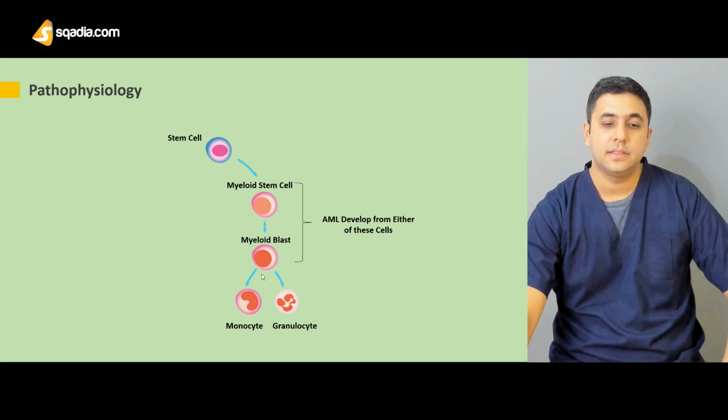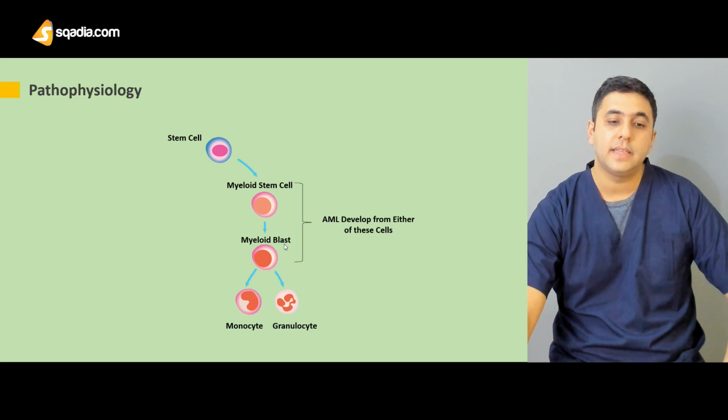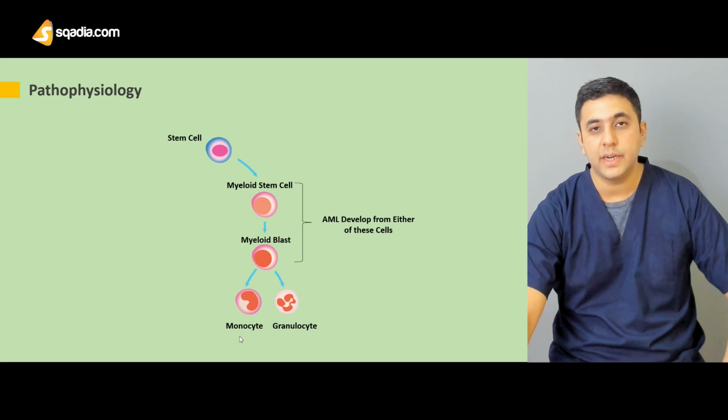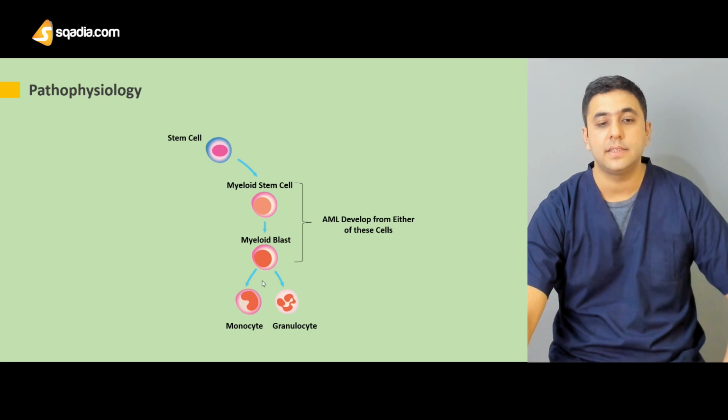So these are the cells that, rather than dividing and going on to form the monocytes and the granulocytes, start dividing. This myeloid blast cell will not differentiate, but it will divide and give rise to a clonal population of myeloblast cells. Since they are earlier stages of development, they are not very functional as compared to the fully differentiated monocytes and granulocytes.